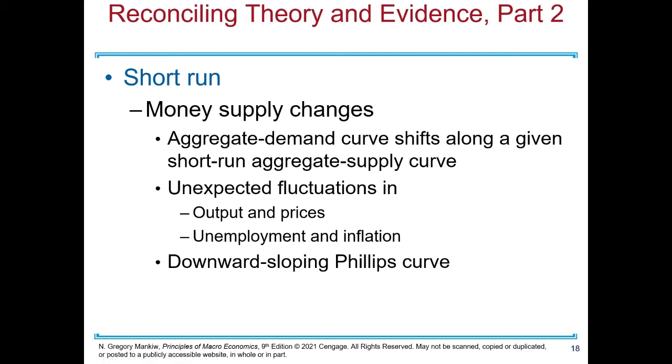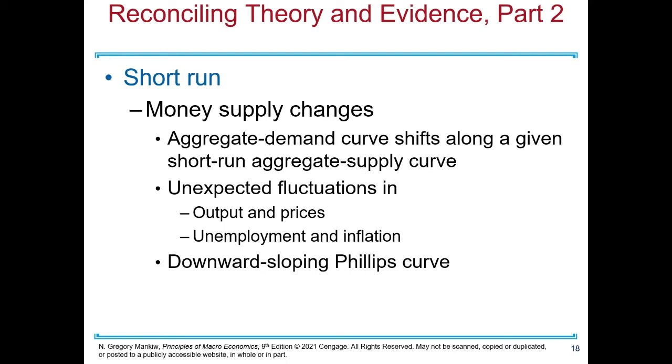In the short run, the Fed takes it as predetermined, and thus the short-run aggregate supply is already determined. The line is already made. When the money supply changes, the AD shifts and moves along the short-run aggregate supply. In the short run, therefore, monetary changes lead to unexpected fluctuations in output, prices, unemployment, and inflation.